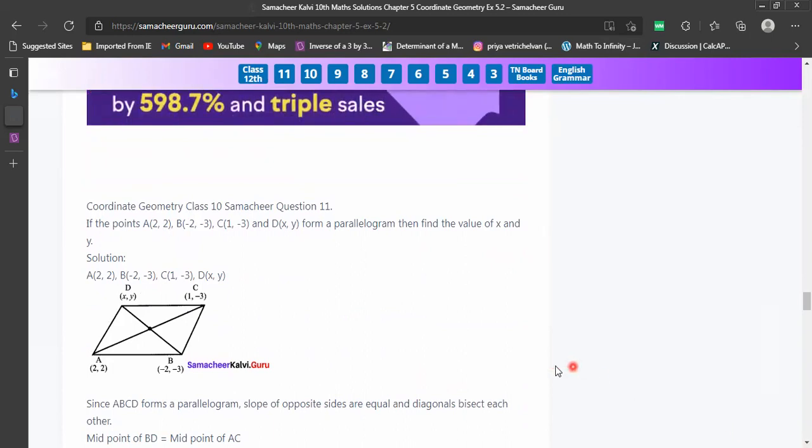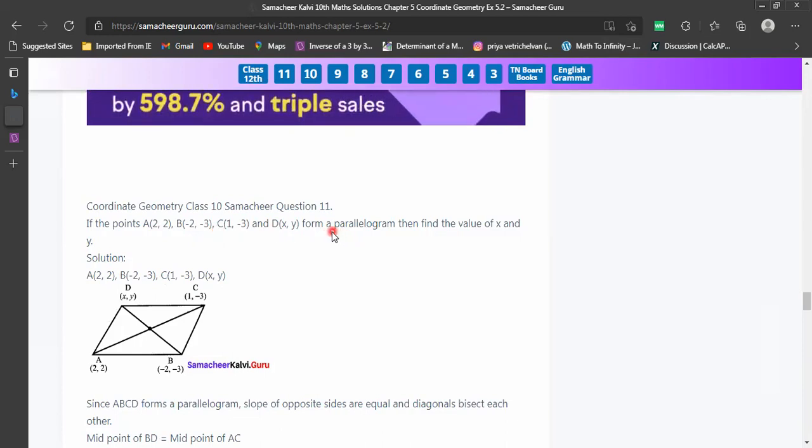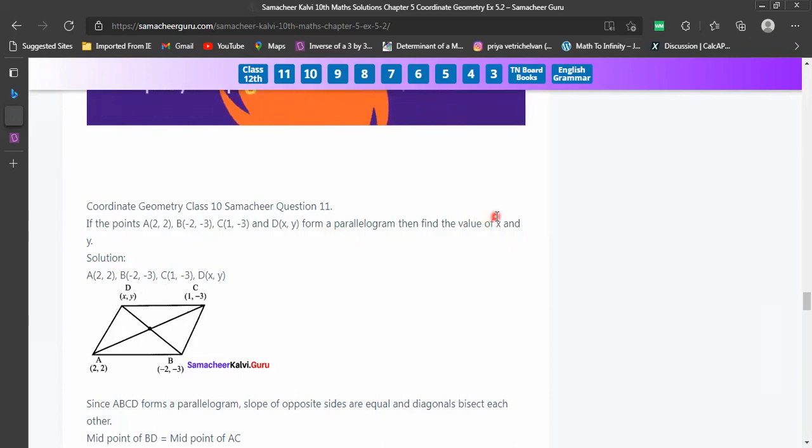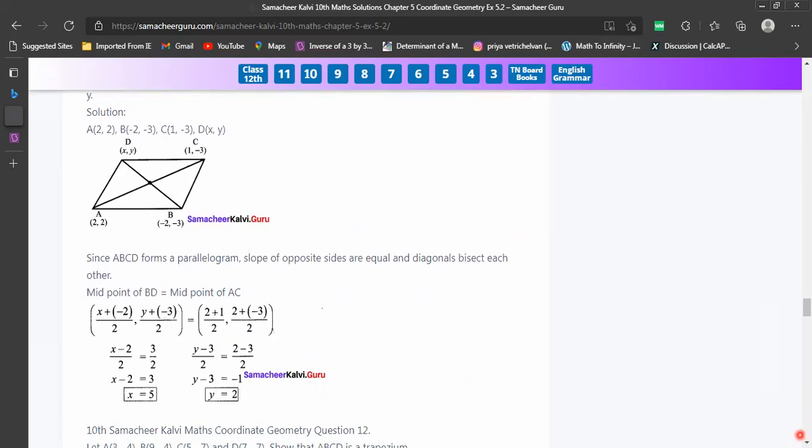Yeah. The next question, A, B, C, D. Again, they gave you 4 points. They're asking if these 4 points form a parallelogram, then find the value of x and y. So you just have to use the same strategy again for finding the value of x and y. They're simply checking whether the midpoints of the diagonal lines are equal or not.